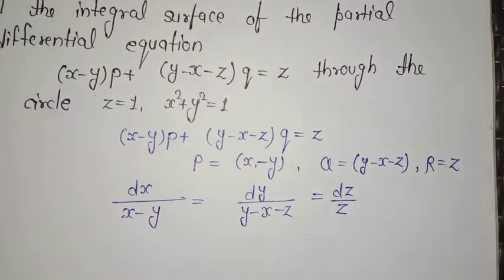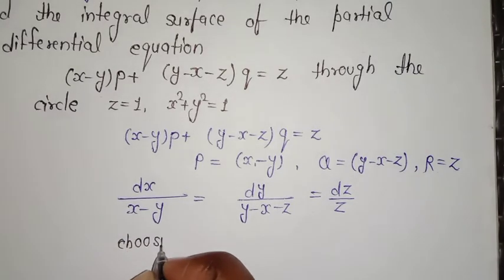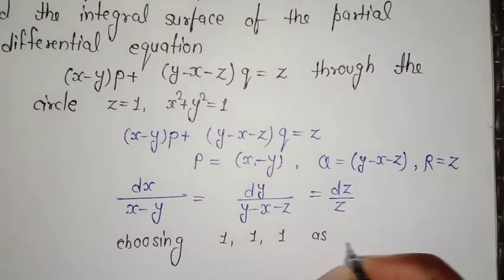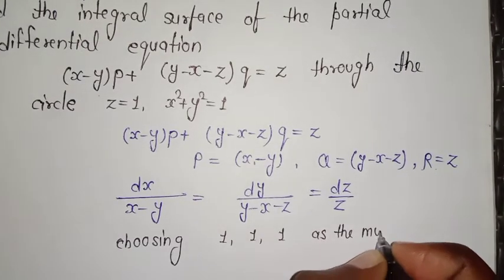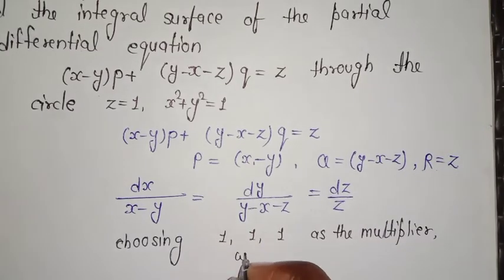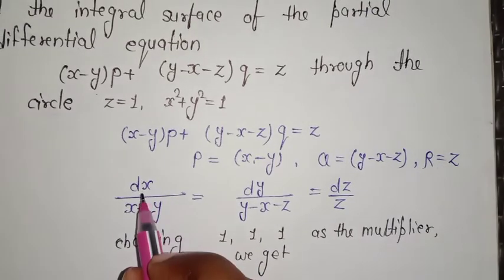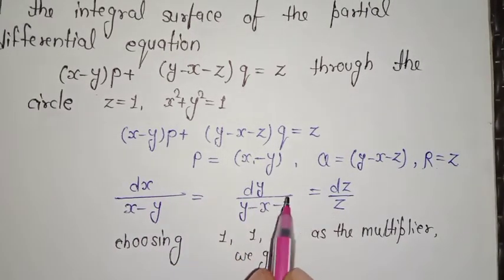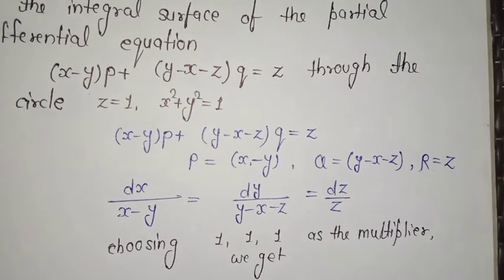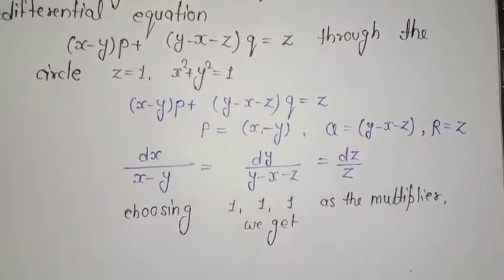If we choose 1, 1, 1 as the multiplier and take the sum, then the denominator becomes 0 and it is equal to a parameter lambda, and then we can easily get the value of the first arbitrary constant c1.